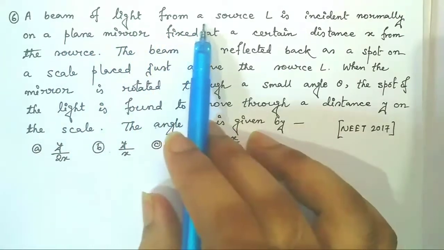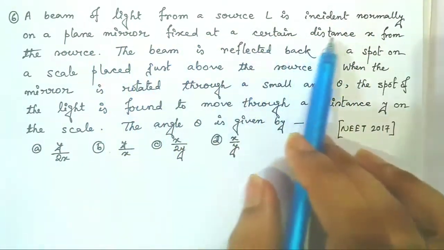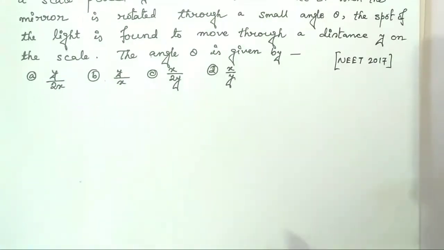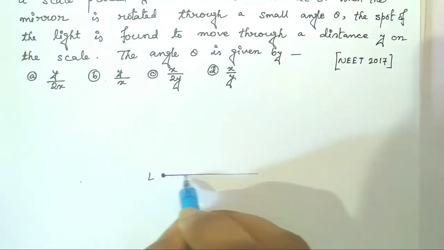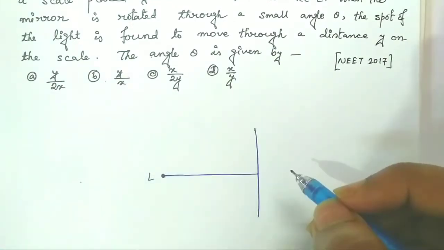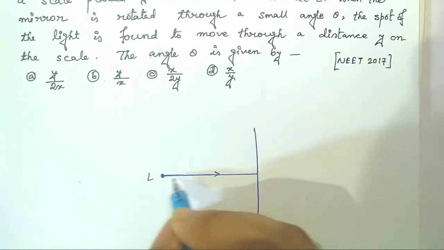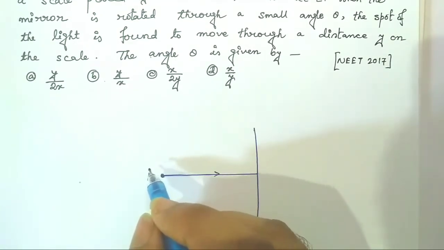A beam of light from a source L is incident normally on a plane mirror fixed at a certain distance x from the source. Suppose this is my source L. A beam of light from this source falls on the plane mirror. The beam is reflected back on the same spot on a scale placed just above the source.